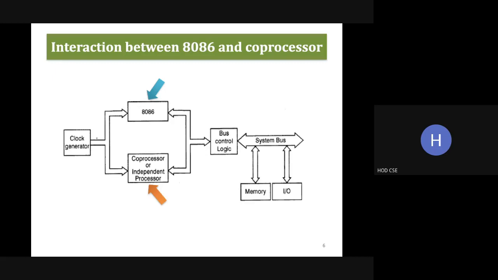And we have the system bus. We know the system bus is nothing but a group of wires used to carry information. It consists of the address bus, data bus, and control bus. Got it? This diagram shows the communication between the 8086 processor and the coprocessor. Memory, I/O, and the clock will be shared by both processors.